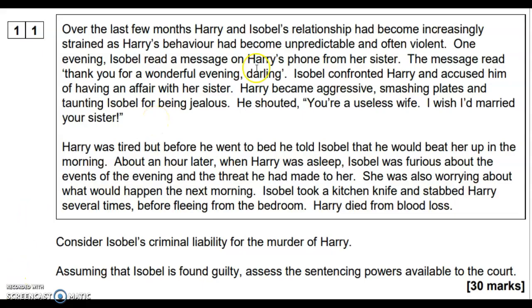Because we've got Isabel reading a message from her sister and she's suspecting an affair, and she's being taunted and called a useless wife. She's also received threats that he's going to attack her. I'm hoping that you're thinking that this could be potentially loss of control that Isabel could plead here.